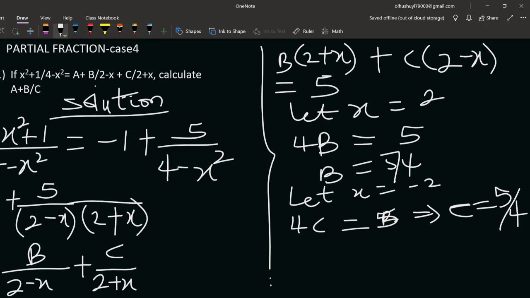Then the question is A plus B over C, so we have minus 1 plus 5 over 4 divided by C, and C is what? 5 over 4 too. So what do we have there?